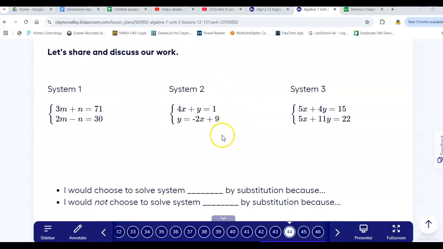I would solve system 2 by substitution because they've already isolated y. It's already isolated for you. This is the type of system that you want to solve by substitution. If you don't have this situation where they've either already isolated a variable or it's super easy to isolate one, I would use a different method. So that's what they want you to get out of this part.